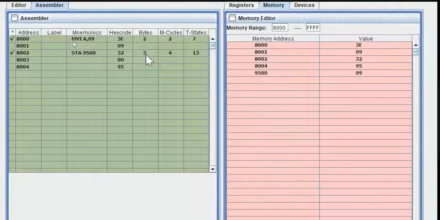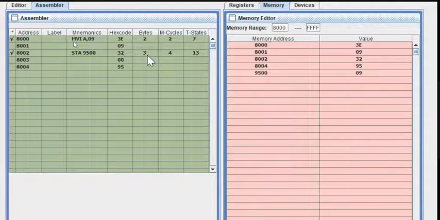What do we mean by a 3-byte instruction? STA 16-bit address: the opcode, the lower order 8-bit address, and the higher order 8-bit address. So to perform the STA 9500 operation, we need to store three 8-bit pieces of information in these address locations. Now you have an idea of what a 2-byte instruction and a 3-byte instruction are.